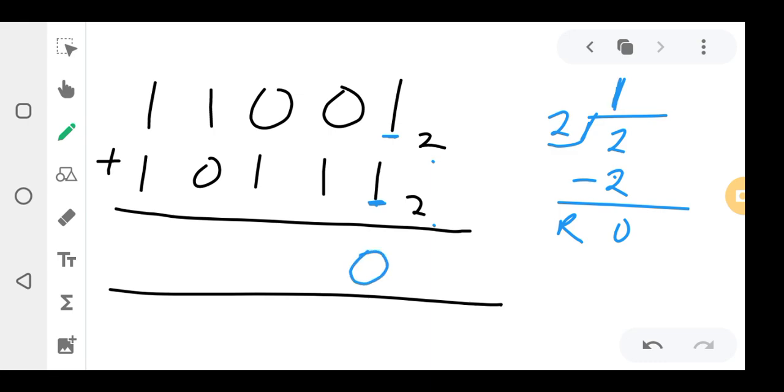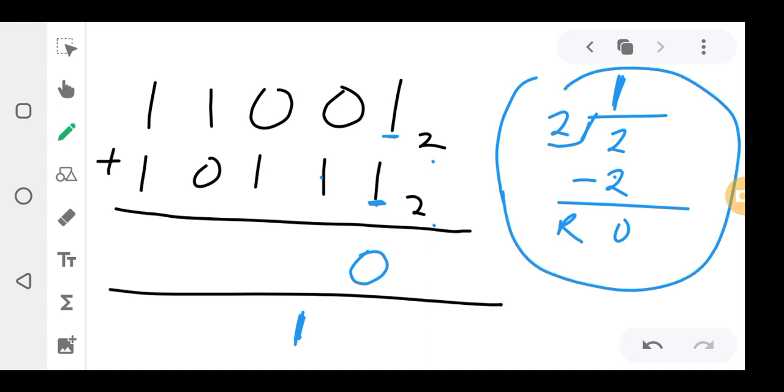And then this 1 here comes this side on the next line. Again, I do 1 plus 1 is 2. Again, I will divide 2 into 2. So the calculation will be the same one, because I'm still finding 2. So even here, it will be 0 when I add.